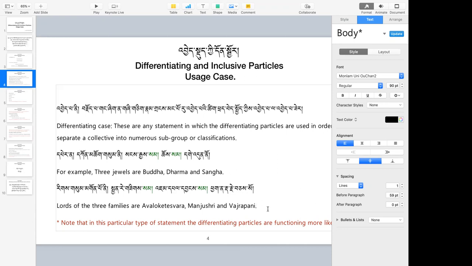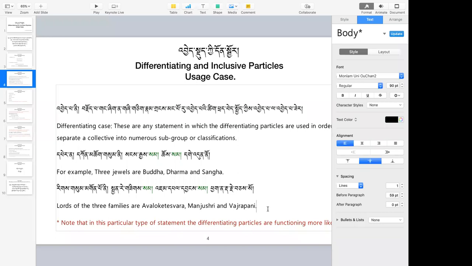But for the post suffix letter sa, there is no particular rule stated separately. So we just follow the rule that is applied to the suffix letter sa, and use the particle accordingly. So this particle separates or differentiates the subgroups of the collective, the subgroups being Avalokiteshvara, Cherisi, Manjushri, Jambeyang, Vajrapani, Chana Dorje.